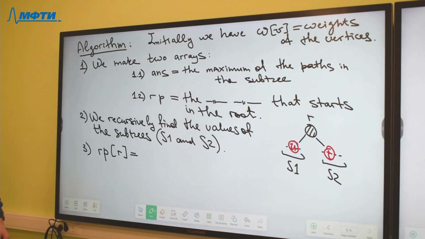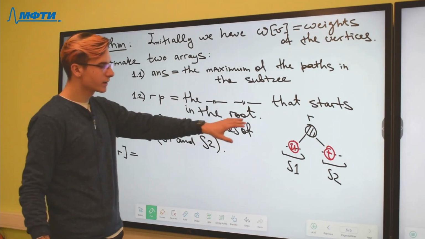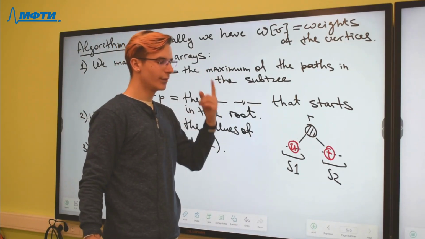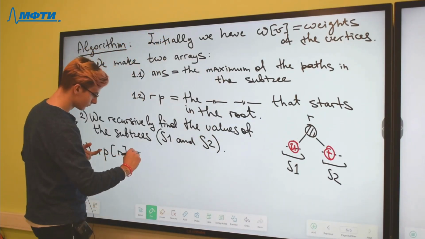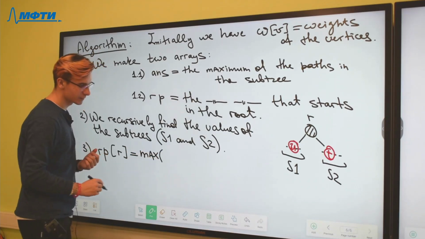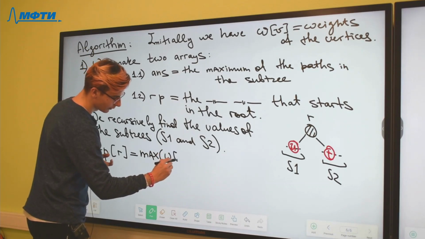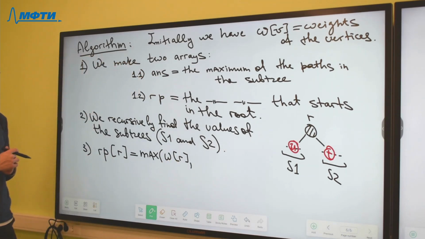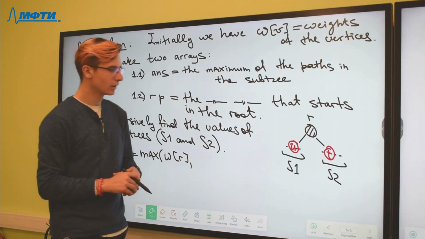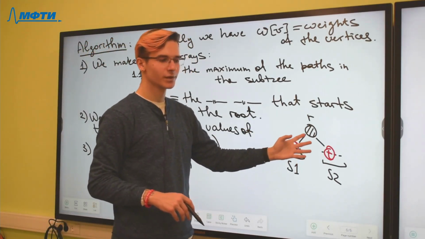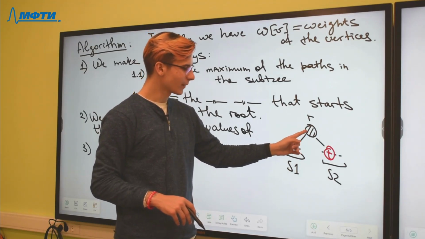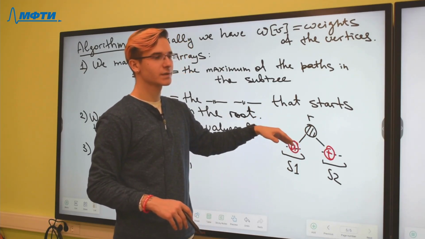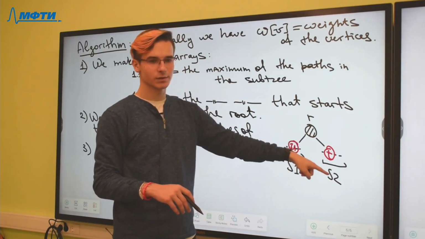For example, we can say it can be a path from one vertex, R. So it's the maximum of only the weight of R. Then we say, okay, but it can be a path that contains more than 0 edges, for example 1 edge, and other vertices must be in S1 or S2.